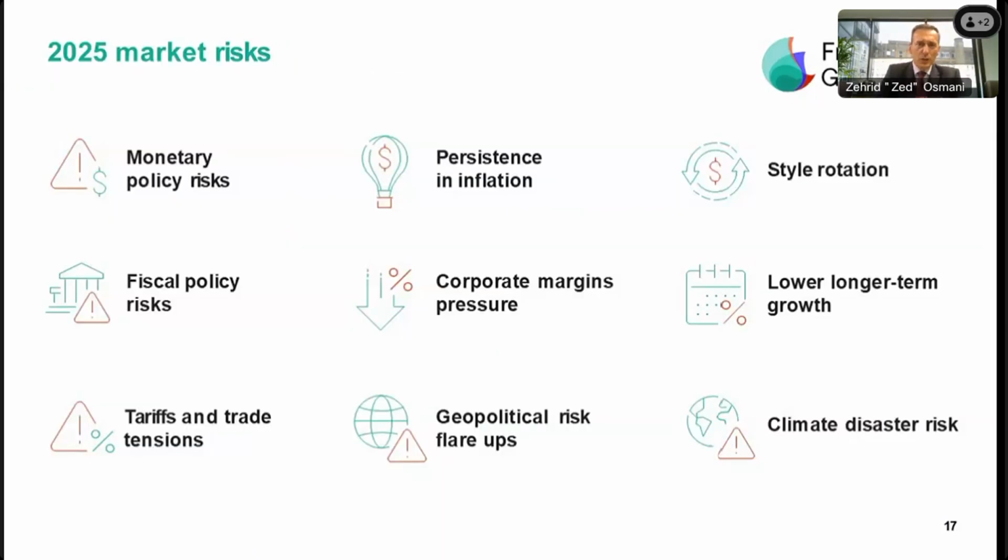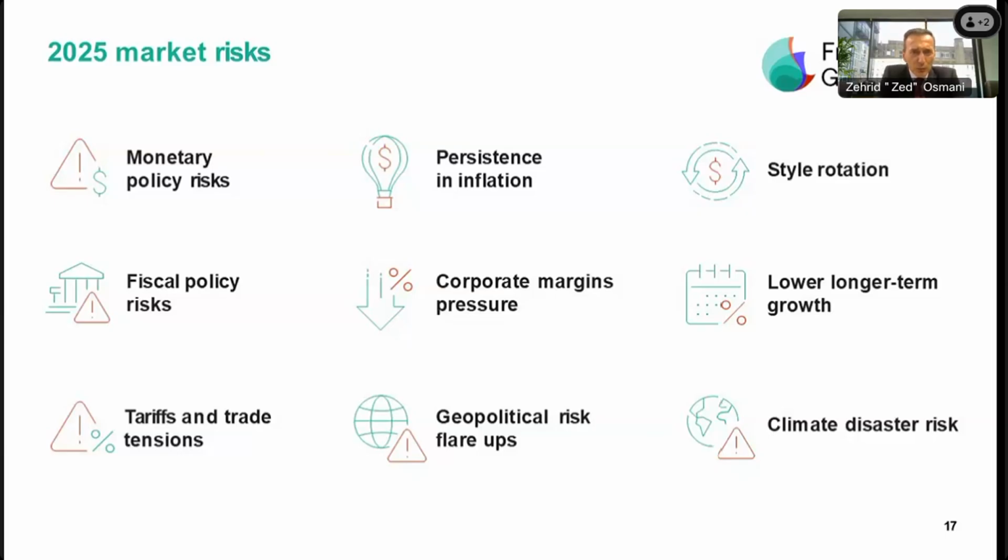We wanted to finish our slides with a few areas of risks. We highlighted in our outlook at the back end of last year 9 risks that are listed here: monetary policy risks, fiscal policy risks, tariffs and trade tensions, which have really led to a very volatile environment and an uncertain outlook for the economic growth prospects, but also fitting back into monetary policy risks with central banks like the Fed holding back from cutting rates until they have more visibility on what the tariffs might be.